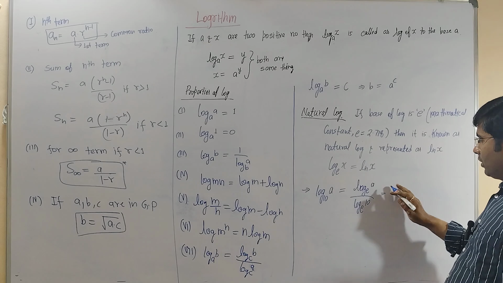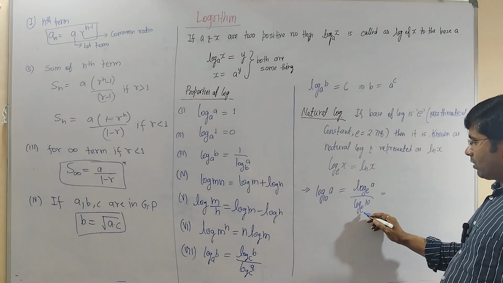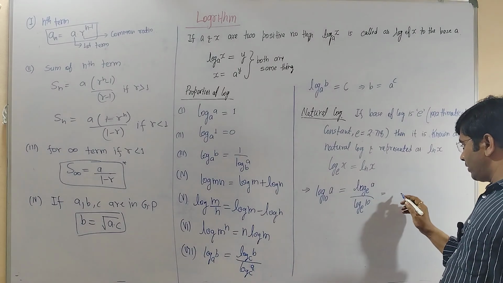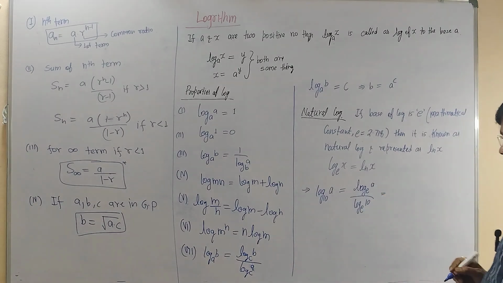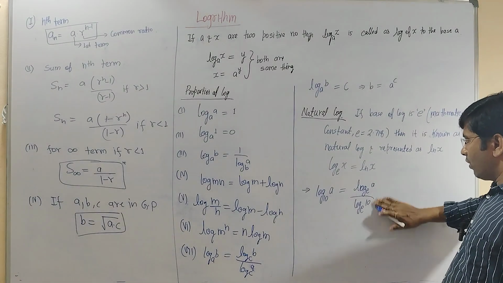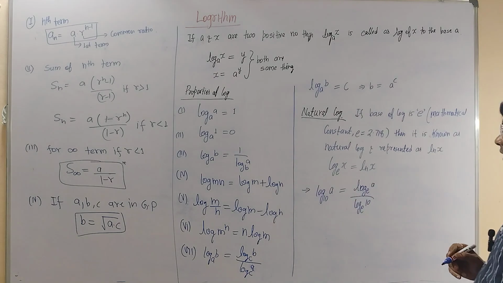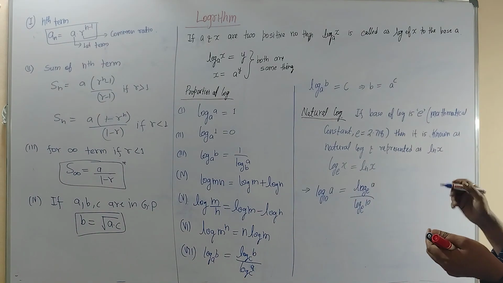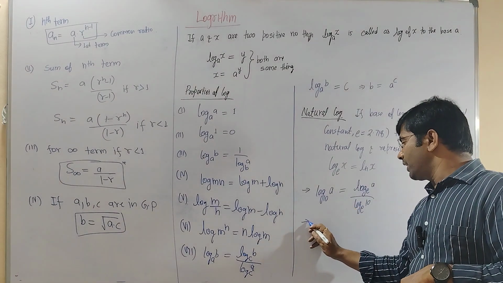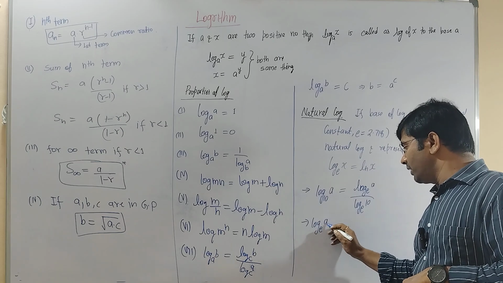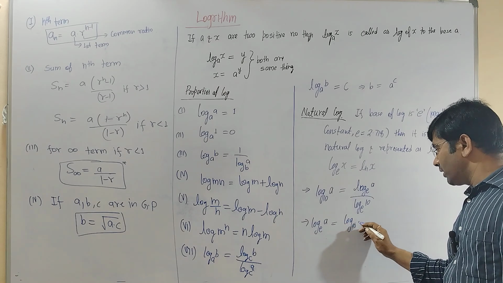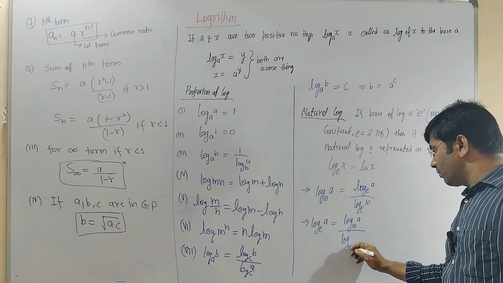This is how we can interchange, but mostly, if there is log of base e given a, we have to change to base 10, then we can write log base 10 a upon log base 10 e.